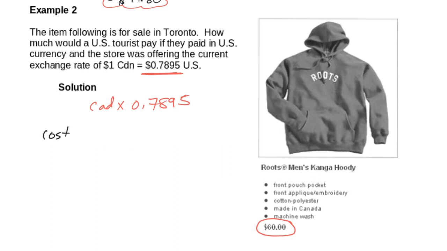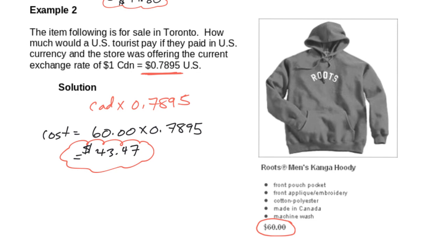All right. Now that we do that, the new cost is going to be $60. We're going to times that by 0.7895. And we get 43.47 exactly.